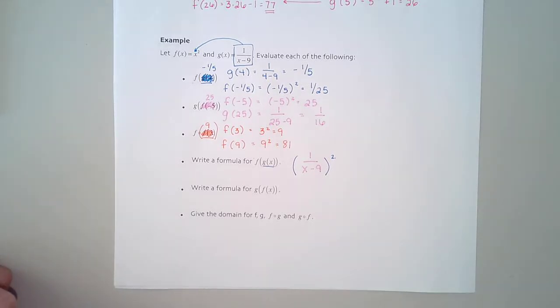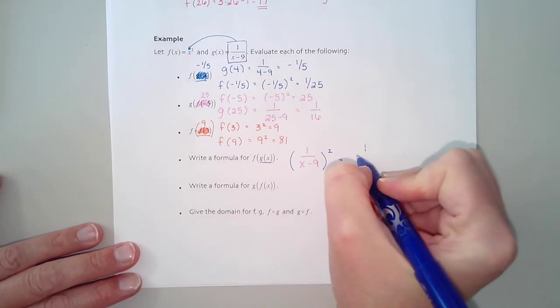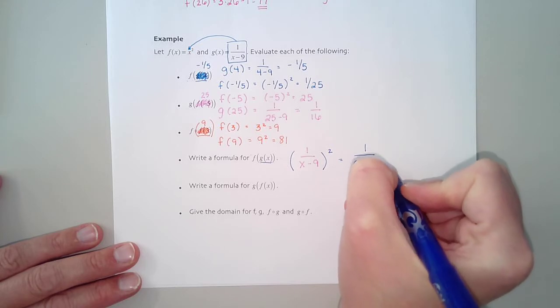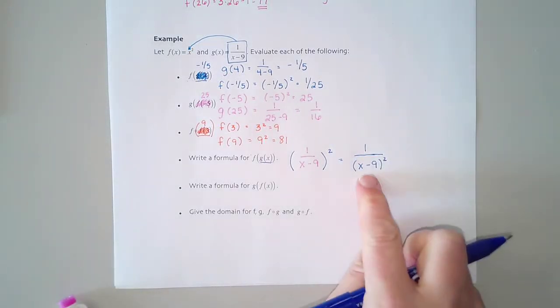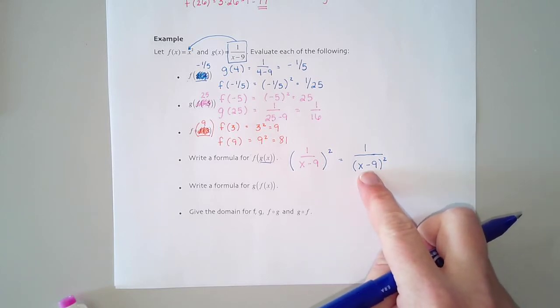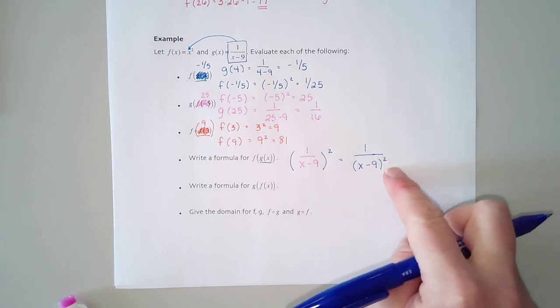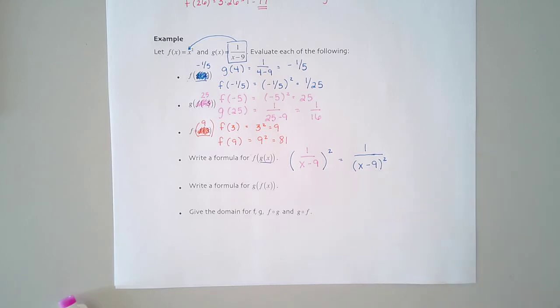Now, when I actually go to simplify that, when I want to square that, I would square the top, so 1 squared is just 1. On the bottom, this would really become like the quantity x minus 9 squared. If I was being super technical about our simplifying, we should really FOIL that thing out. But really, in most cases in math, this is simplified enough, so you could leave it like that. However, if you had other numbers to combine with it, you would have to go ahead and FOIL that and clean it up. But that's where I'm going to leave my final answer there.